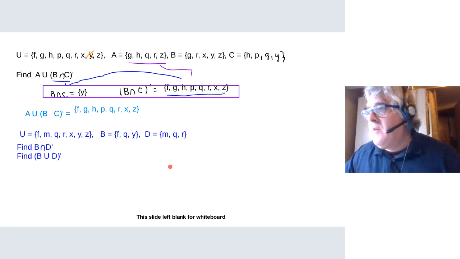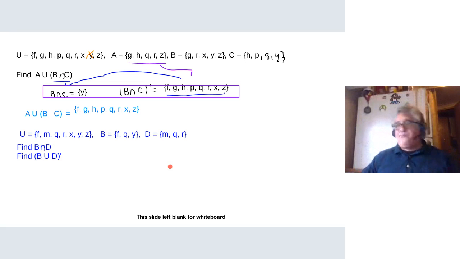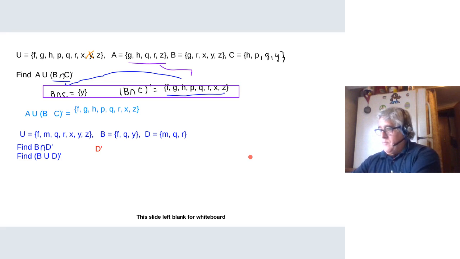Okay, so I'm just going to do them in order. So D complement, the best way I know to handle this is just to go through and mark out. So I'm going to put over here, because that's the most complicated part, so I'm going to do that first.